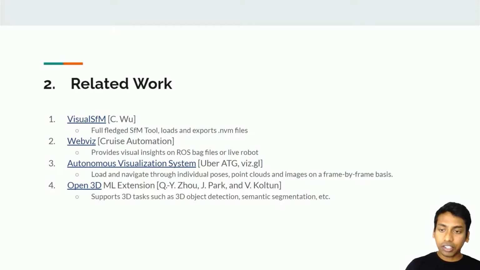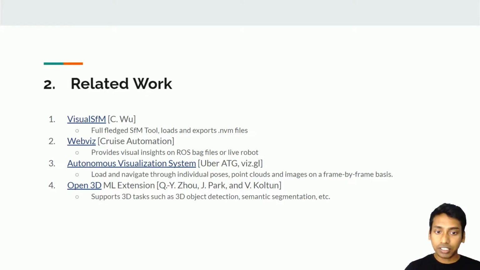So here are some of the tools for visualizing driving data. Visual SFM is a full-fledged structure from motion tool, and it loads and exports NVM and image files. WebViz is a ROS-backed processing tool. It can process from live robots, simulation, or from saved files.